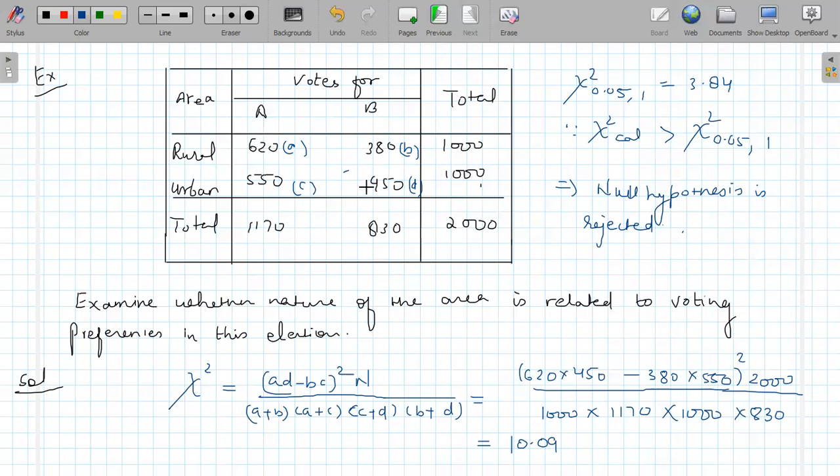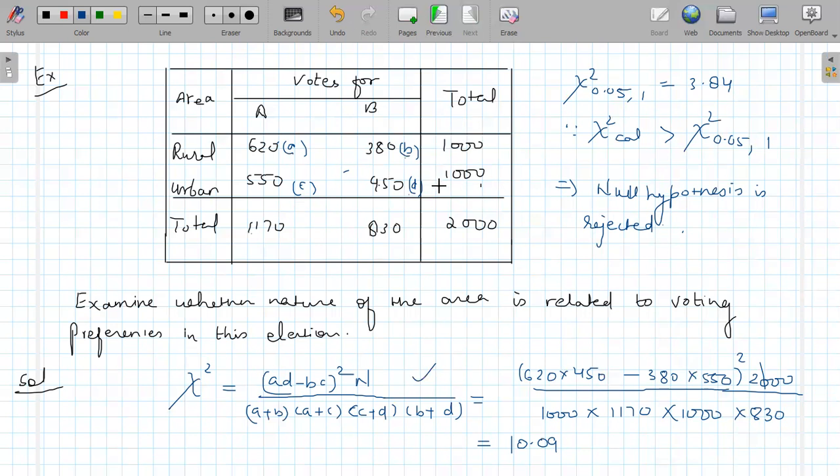So because this is a 2 cross 2 contingency table and the entries are in this sequence A, B, C and D, we always take in this sequence, and then we use this formula that we have derived just now. A into D minus B into C whole square into capital N whole divided by 1000 into 1000 into 1170 into 830.